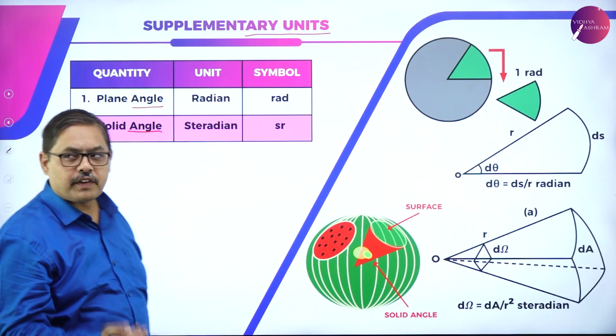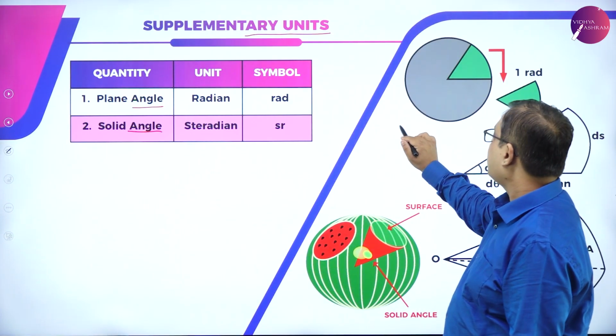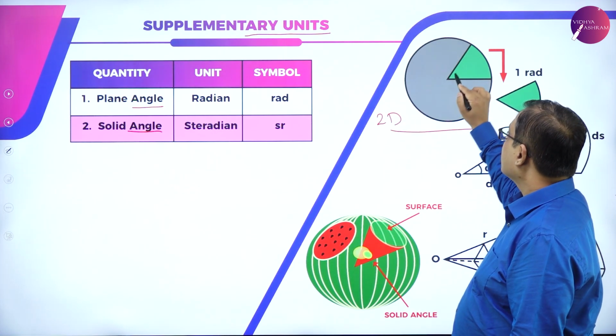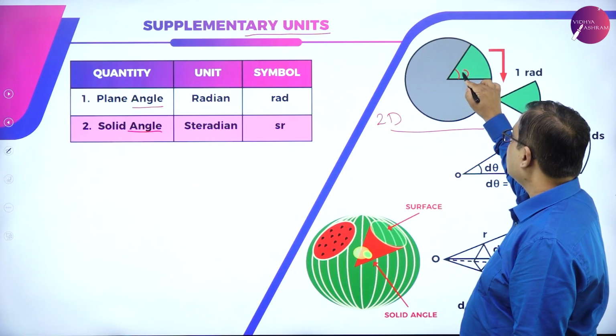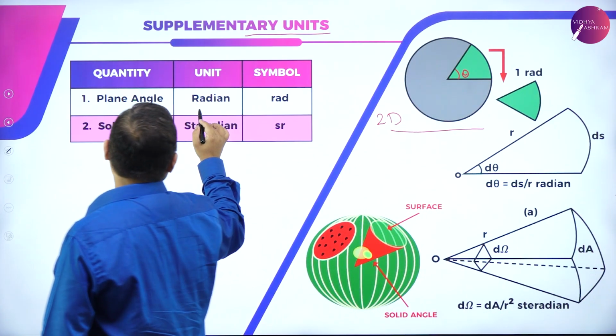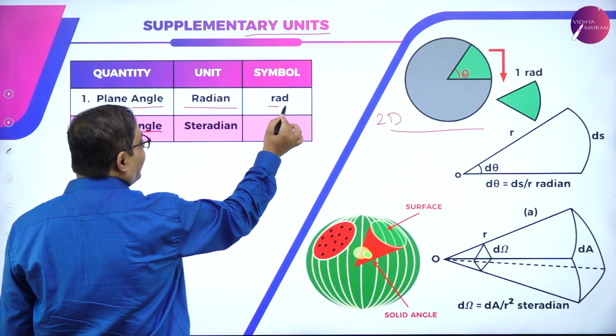There are 2 types of angles basically. One is the plane angle, which you can find on a circle or a 2-dimensional sketch. You can represent that with theta. Theta, or the plane angle, is given a unit called radian with the symbol rad.